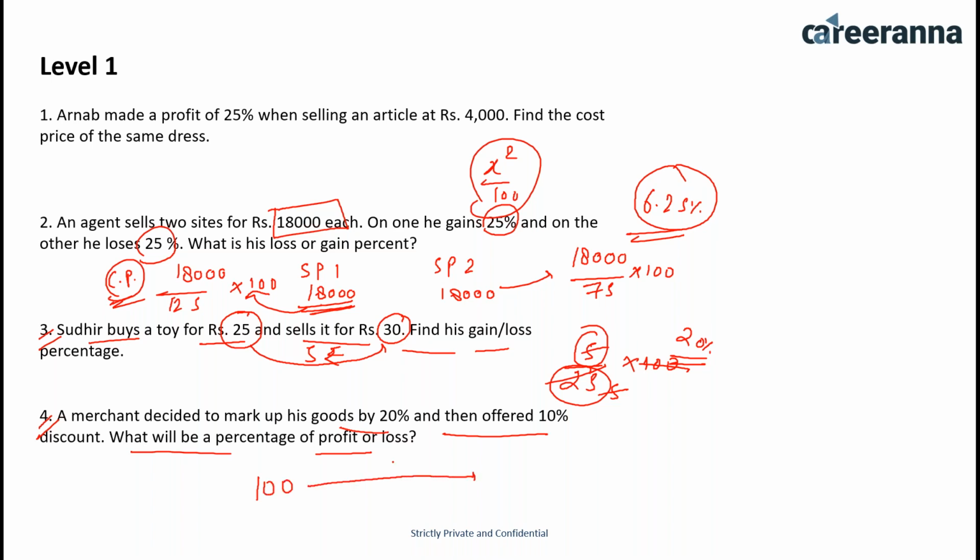He marked it up by 20%, so it is 120. Now he offered a 10% discount. 10% of 120 is 12. If I subtract 12 from it, it is 108. This is the selling price. So what is the profit? 8%. Is it clear to all? So the answer for this question is 8%. Say yes if you get it. Very good.